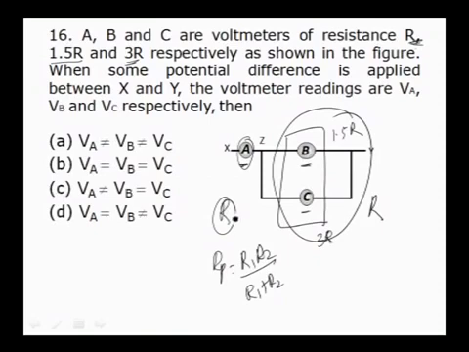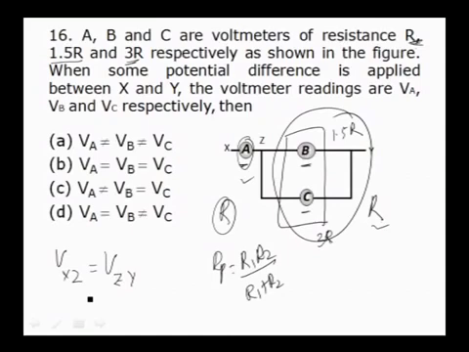Here resistances are equal and connected in series, then the voltage across this and voltage across this combination should be the same. It means that the voltage across XZ should be equal to voltage across ZY, because resistances are equal and connected in series, so voltage will divide equally.